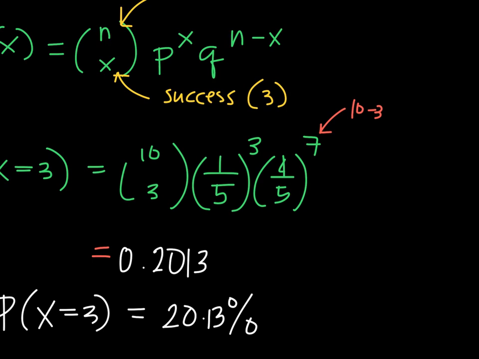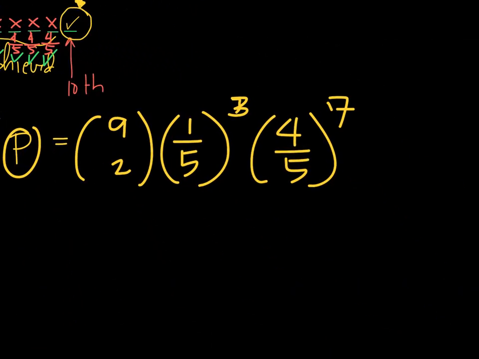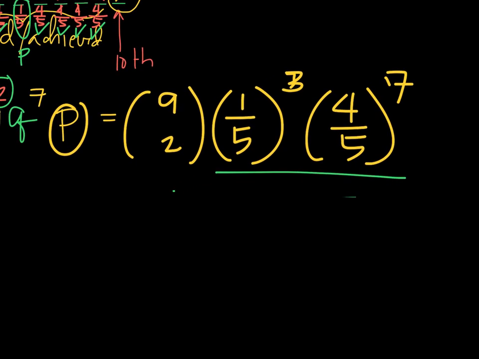And I hope that you are able to see that this part of the solution is just the same as the one we obtained from the second problem. The only difference is that the combination is no longer 10 taken 3, but it is 9 taken 2. Okay? But what I want you to see here is how similar the problems were solved.